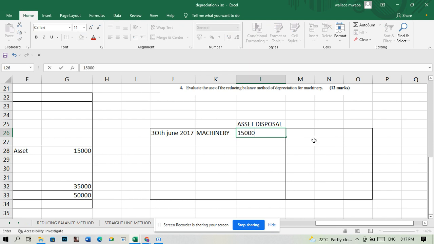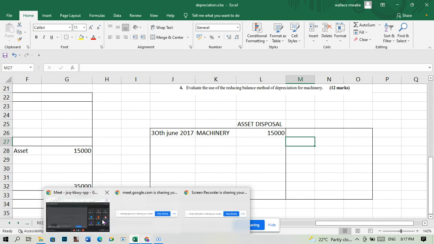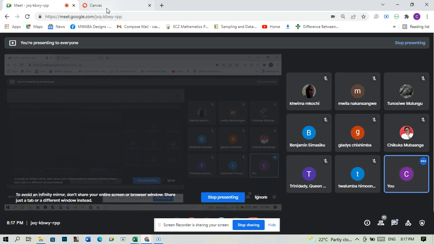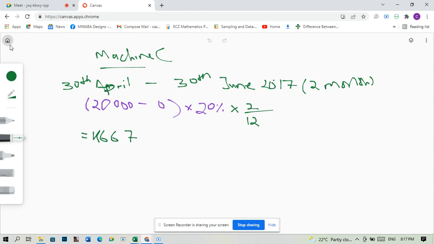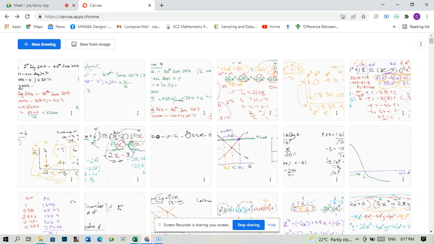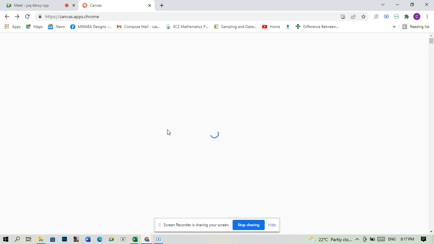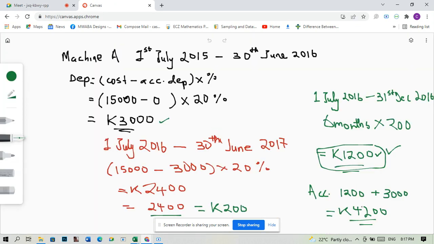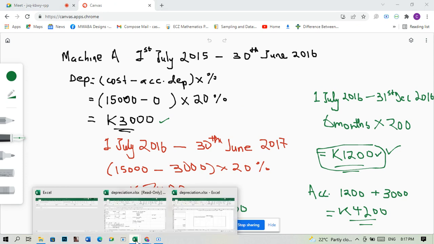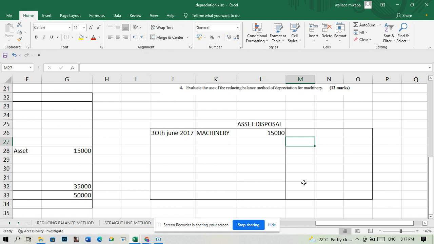Then the accumulated depreciation which we calculated for machine A was 4,200, which is here. This is the accumulated depreciation. So it's the amount we're going to put in our asset disposal account, 4,200.